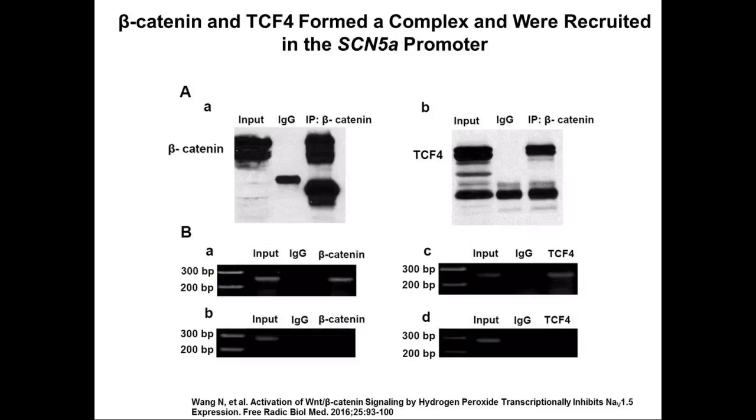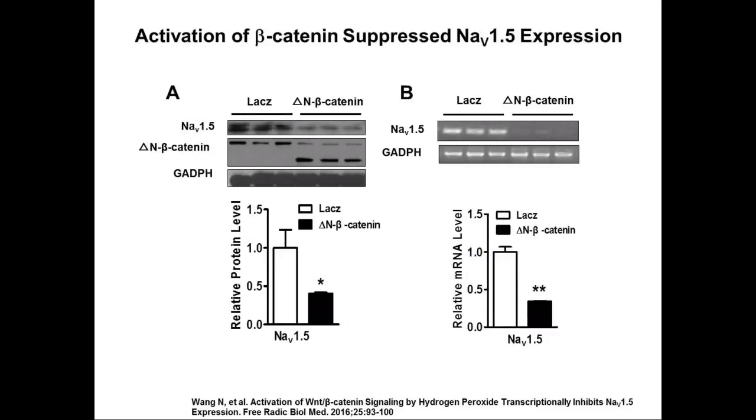We did the same with a ChIP assay in HL1 cardiomyocytes and ventricular myocardium. As you can see, both beta-catenin and TCF4 can be recruited to the sodium channel promoter region, indicating TCF4 and beta-catenin can form a complex to regulate the promoter activity of the sodium channel genes.